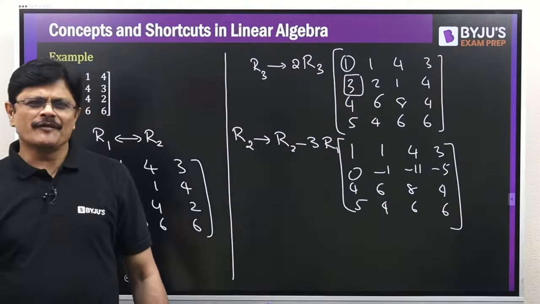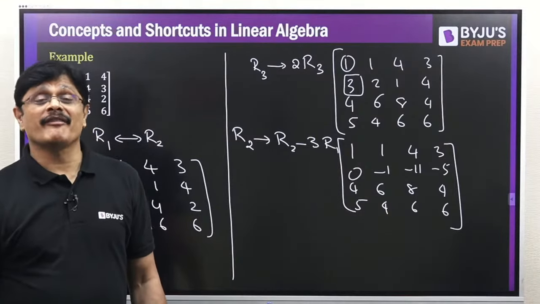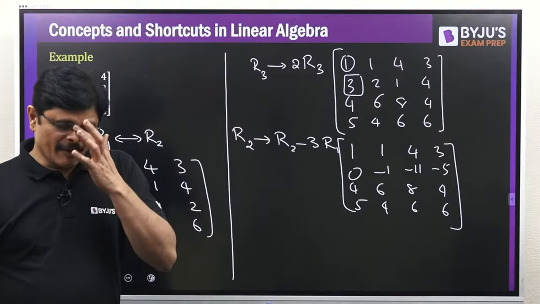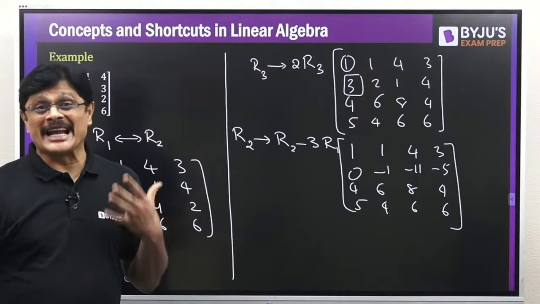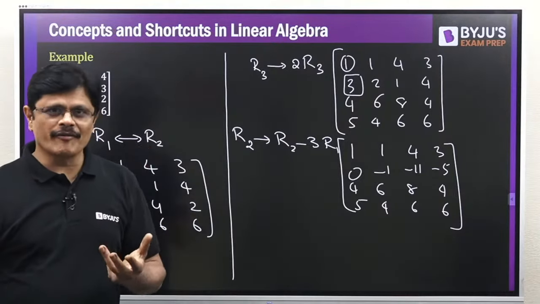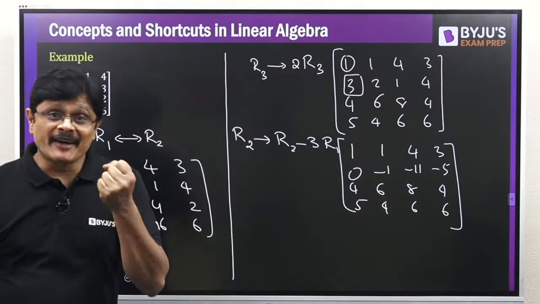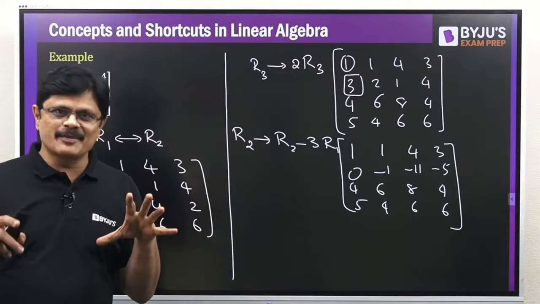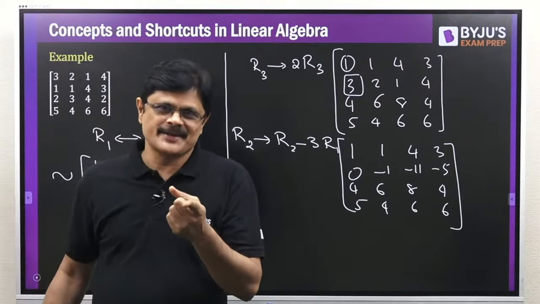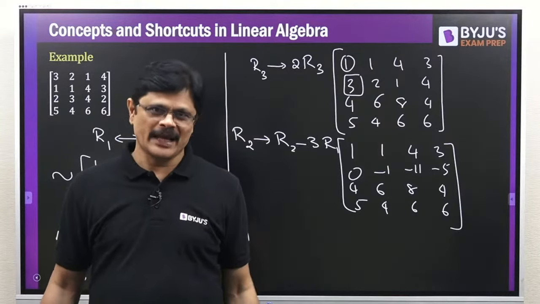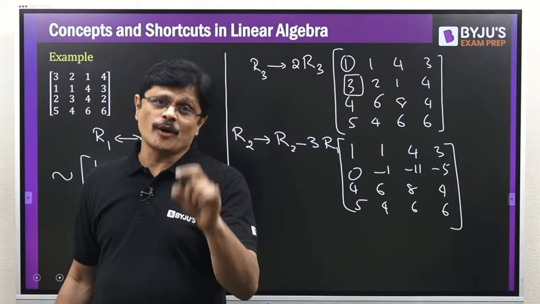We will see more of these row operations in the concept of rank, especially when we want to reduce a matrix to echelon form or reduced row echelon form. Am I clear? They are very, very important. The entire linear algebra, even advanced concepts, is based on row operations. So one should master these row operations.